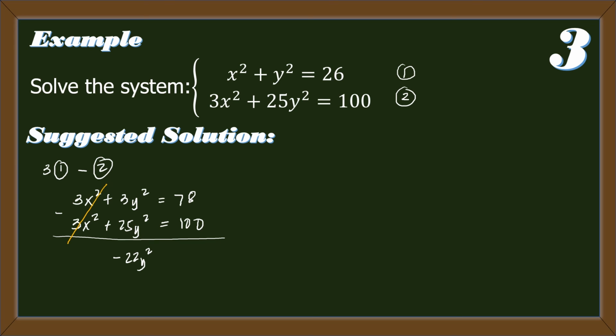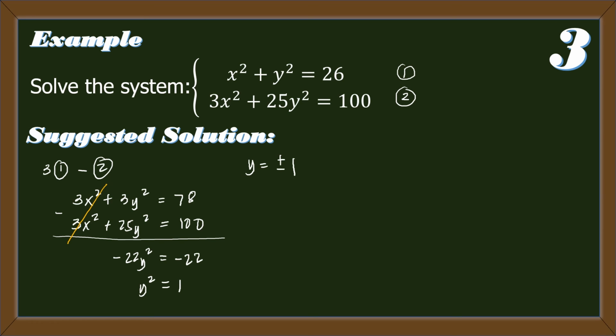And 78 minus 100 is negative 22. Dividing both sides of this resulting equation by negative 22, we have y squared is equal to 1. Then getting the square root of both sides, we will have y is equal to positive or negative 1.